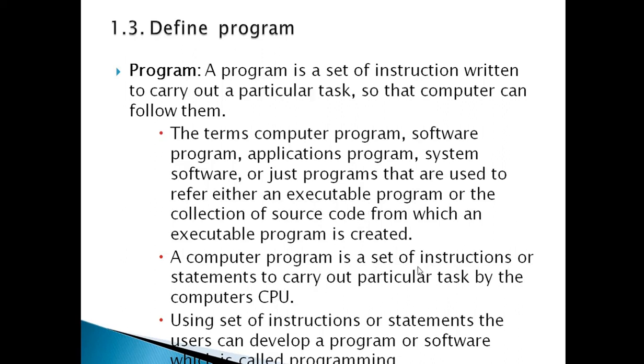A computer program is a set of instructions or statements to carry out a particular task by the computer CPU. The CPU performs the operations or tasks of the program. Using a set of instructions or statements, the user can develop a program or software. The development of the program is called programming.